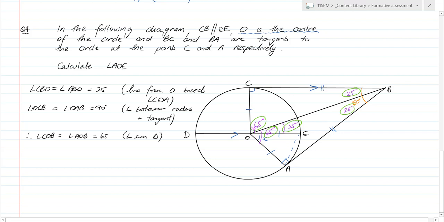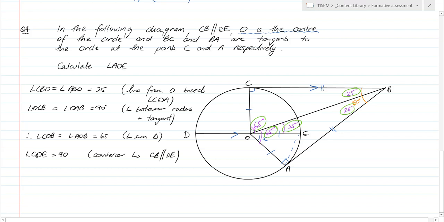And then I'm going to make the statement here that angle COE equals 90, and this is co-interior angles. CB is parallel to DE, and that's given.